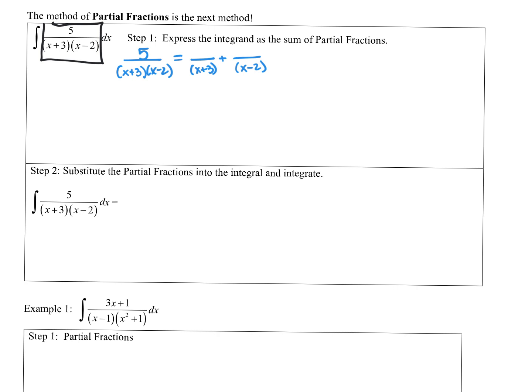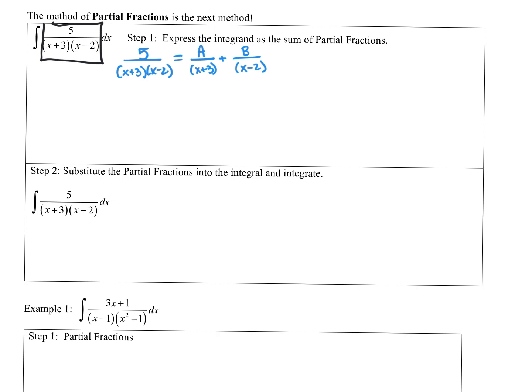And then what the theorem tells us, that's the extra special part, is that each of these fractions will have a constant, we'll call them A and B, of some sort in the top. It is guaranteed that this fraction here, and really any rational fraction that has a denominator that can be factored, can be broken up into a set of partial fractions.